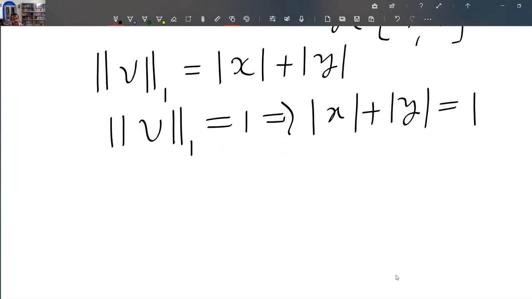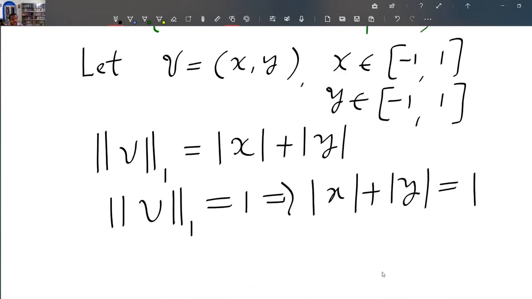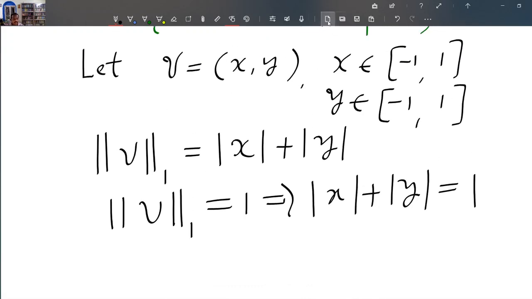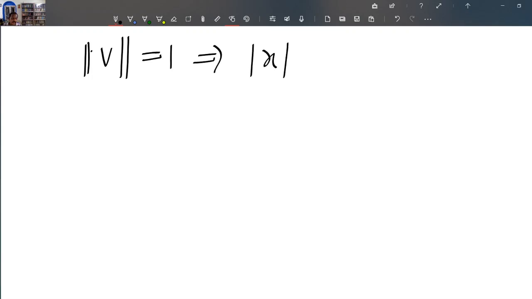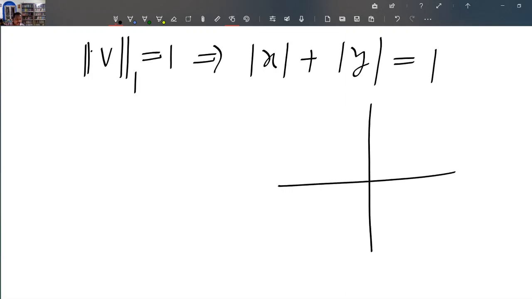So we have 4 situations, where x and y belong to R^2. This varies in different quadrants. Suppose that this is quadrant 1.